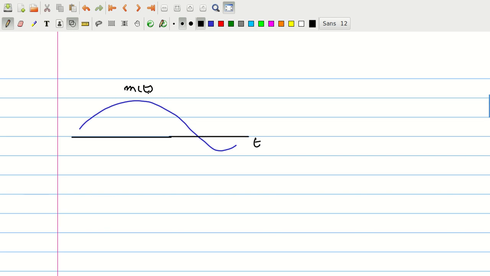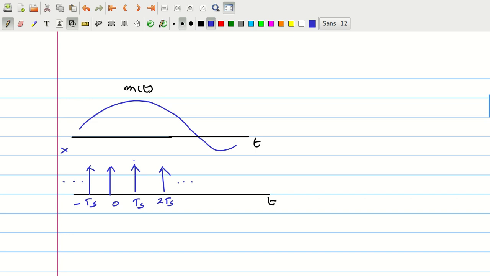We claim that when the signal is multiplied by a periodic impulse train with impulses separated by Ts interval, at 0, Ts, 2 Ts, 3 Ts and so on, then the resultant signal would be the sampled version of the original signal.